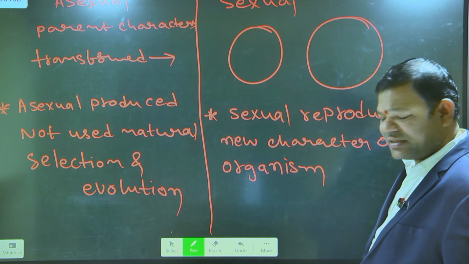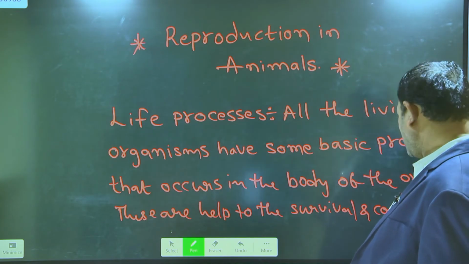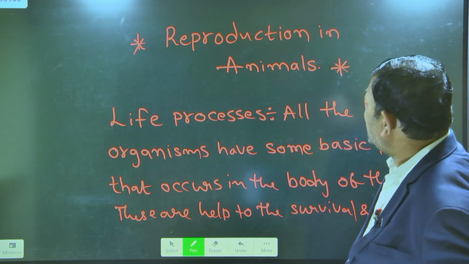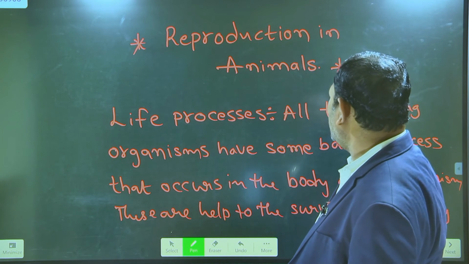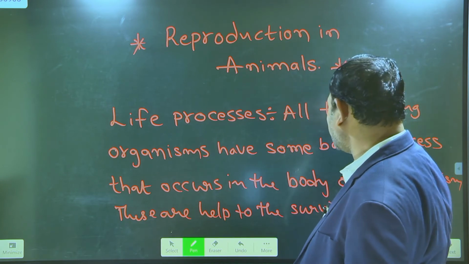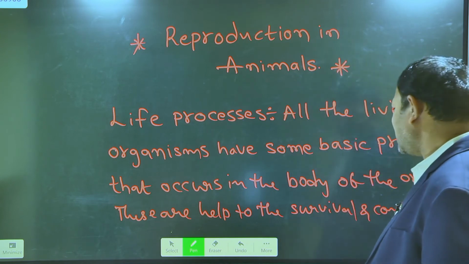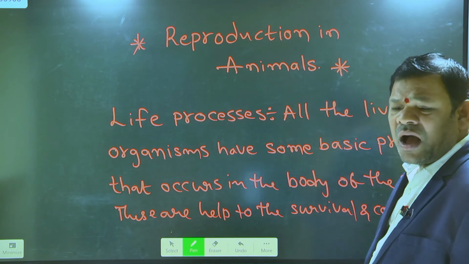Now we will discuss reproduction in animals. Life process definition: all living organisms have some basic processes that occur in the body of the organism. These life processes help in the survival and continuation of their races.